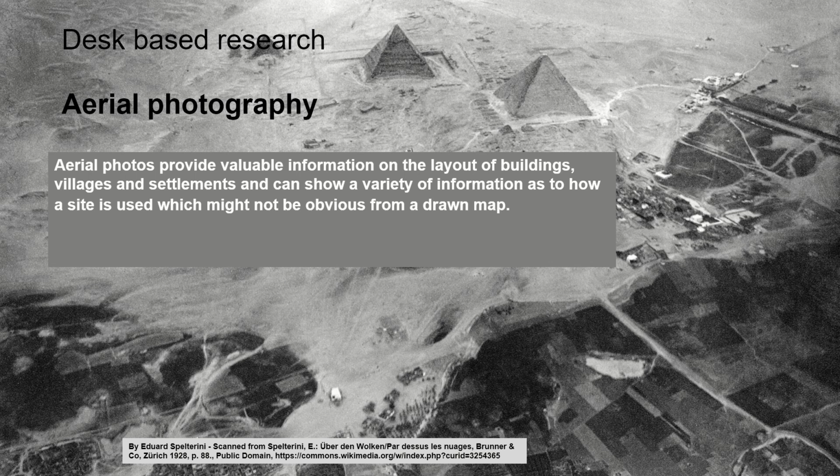And these are things that are difficult to establish from a drawn map. A map is quite good at telling you where your site is in relation to other things, but it's sometimes very difficult to show specific information on a map, whereas an aerial photograph brings the thing to life and we can actually start to see where roads are and what fields are and what neighbouring buildings do. So aerial photographs are very, very useful.